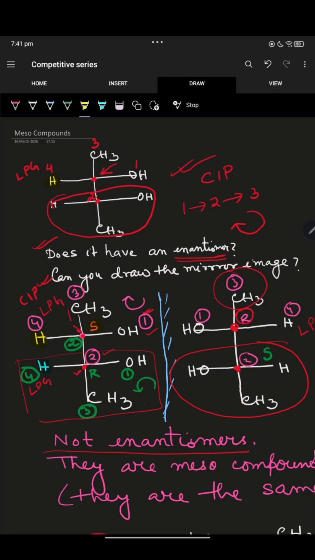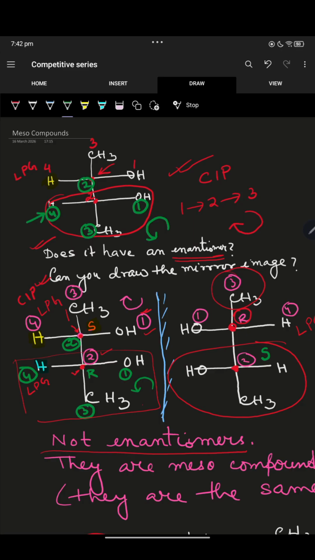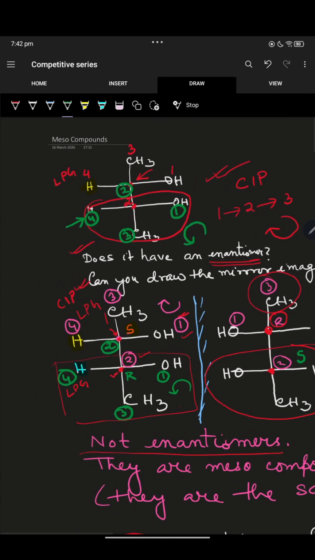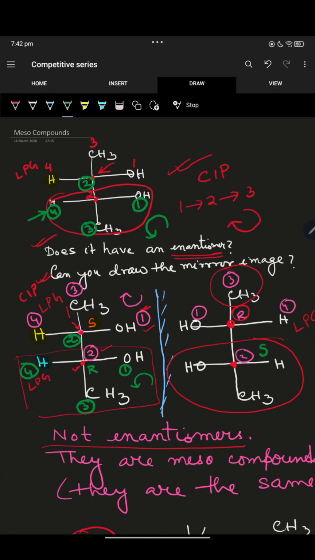Now in the other carbon, again number 1 is this OH, number 2 is this part, number 3 is CH3 and number 4, the LPG, is H. Again 1, 2, 3 is coming in an anti-clockwise manner, which would be S configuration. But since the LPG H is in horizontal, as per the CIP rule it gets reversed, and so instead of S, it is R configuration.